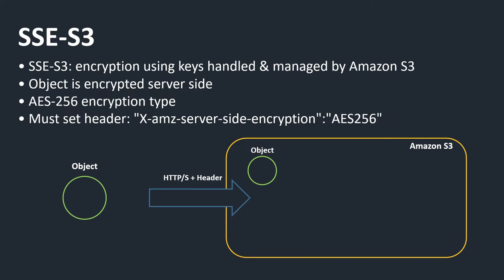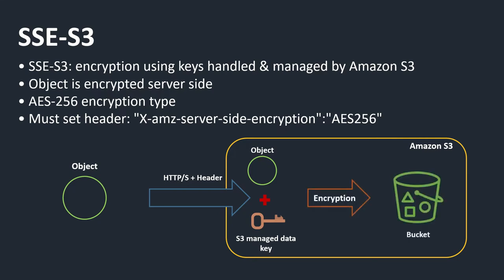You can use the HTTP protocol or the HTTPS protocol, and you add the header that we said, x-amz-server-side-encryption: AES256, and then Amazon S3, thanks to this header, knows that it should apply its own S3-managed data key. Using the S3-managed key and the object, some encryption will happen and the object will be stored encrypted into your Amazon S3 bucket. Very simple, but in this instance, the data key is entirely owned and managed by Amazon S3.